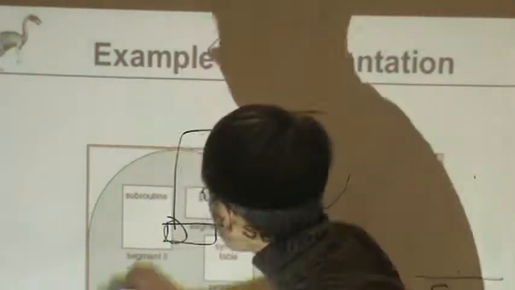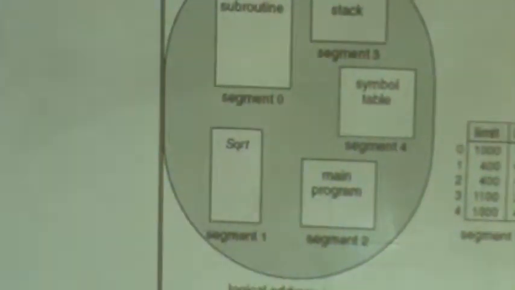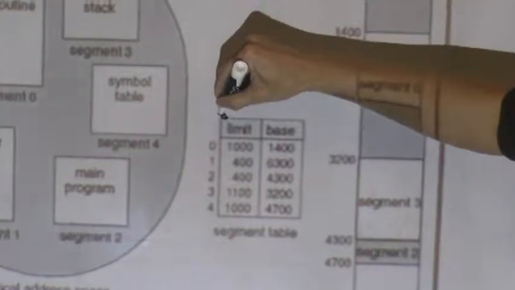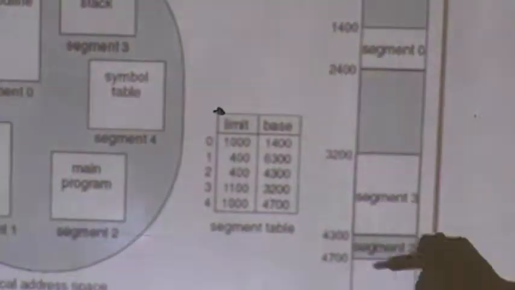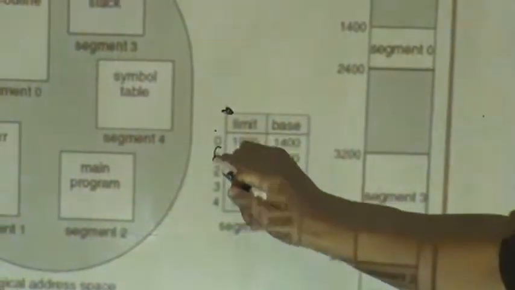This is a schematic view of an example of segmentation. There are 1, 2, 3, 4, 5 different segments, and also we have the segmentation table. This address is managed by the register, by pointing to this one. Also, you should know the segment you are accessing.